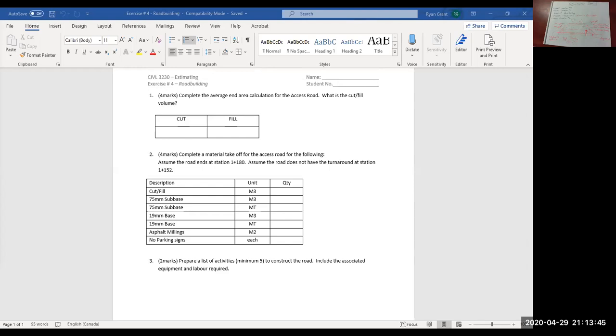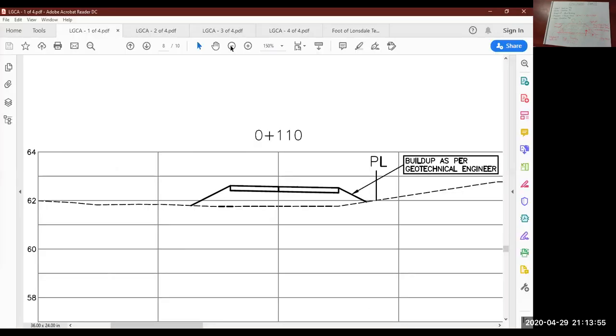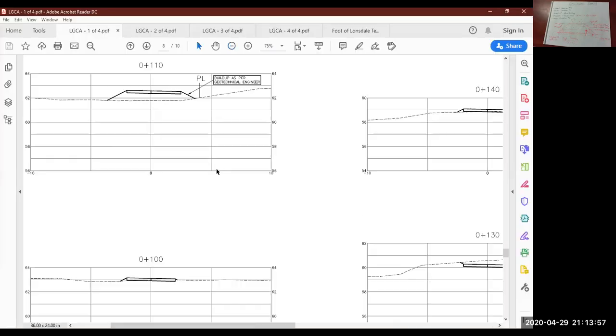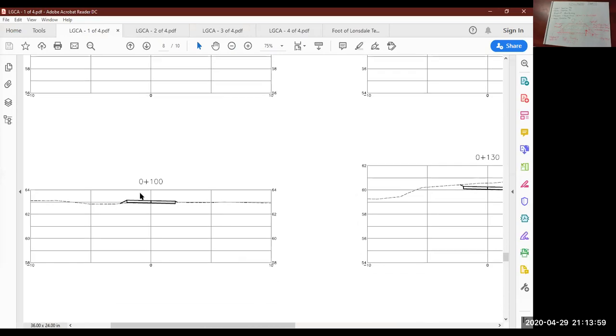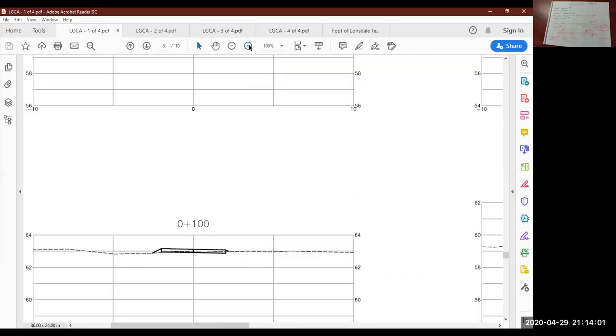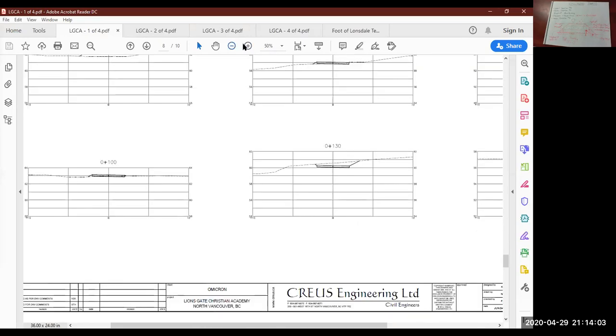So yeah, if I check my cross sections, I'm just on the drawings now. Zoom out. So 0 plus 100, that's our first cross section that we have.